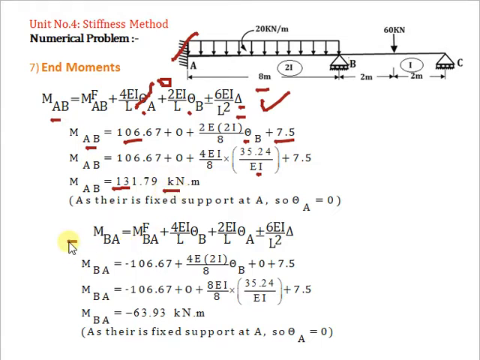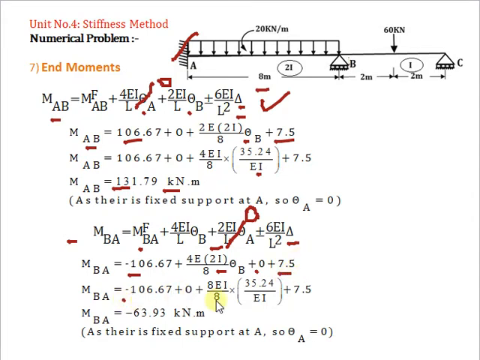Now apply the slope deflection equation at B for span BA. So MBA is equal to MF for BA plus 4EI by L into theta B plus 2EI by L into theta A plus minus 6EI by L square into delta. We know MF for BA from the previous calculation, minus 106.67, plus 4 into E into 2I divided by 8 into theta B plus 0, again A is a fixed support so theta A will be 0, plus the moment due to the sinking of the support, which is plus 7.5 as calculated earlier.